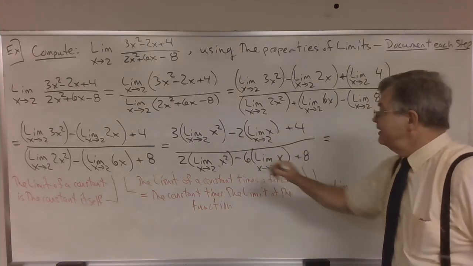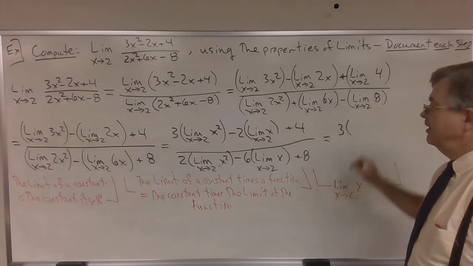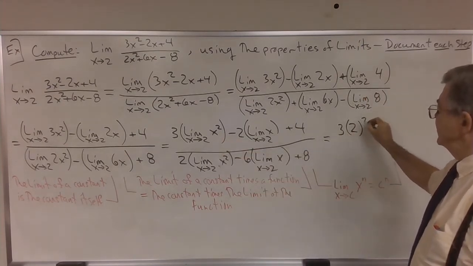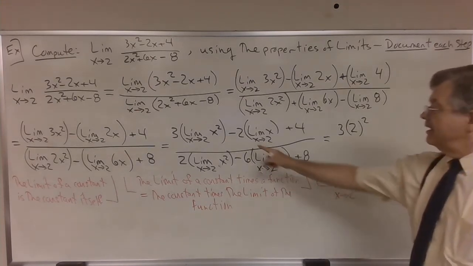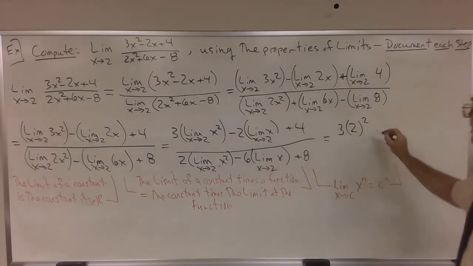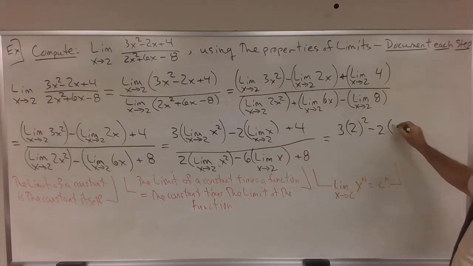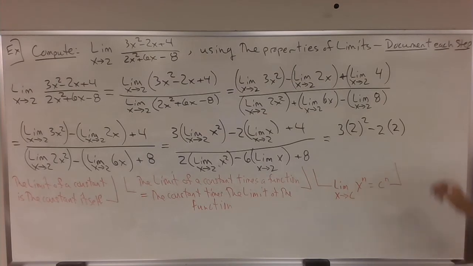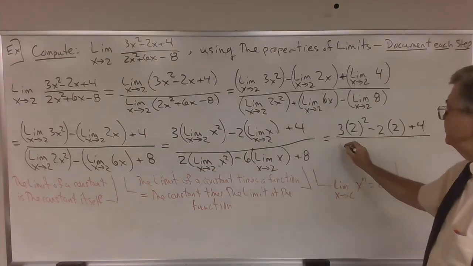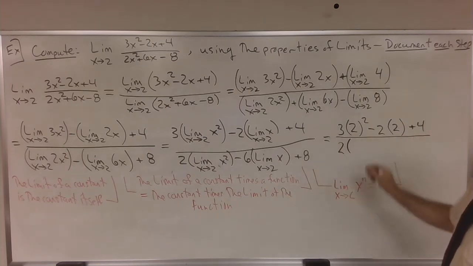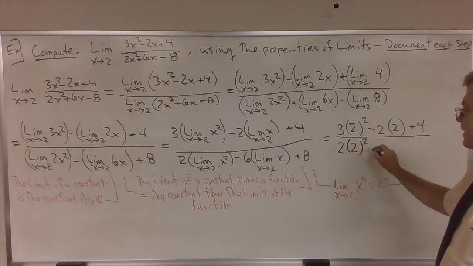We'll have 3 times the limit of x squared as x approaches 2, so that's 2 squared, minus 2 times the limit of x as x approaches 2, so we'll plug in 2 for x. And then on the bottom, 2 times the limit of x squared as x approaches 2, we'll plug in 2 for x.